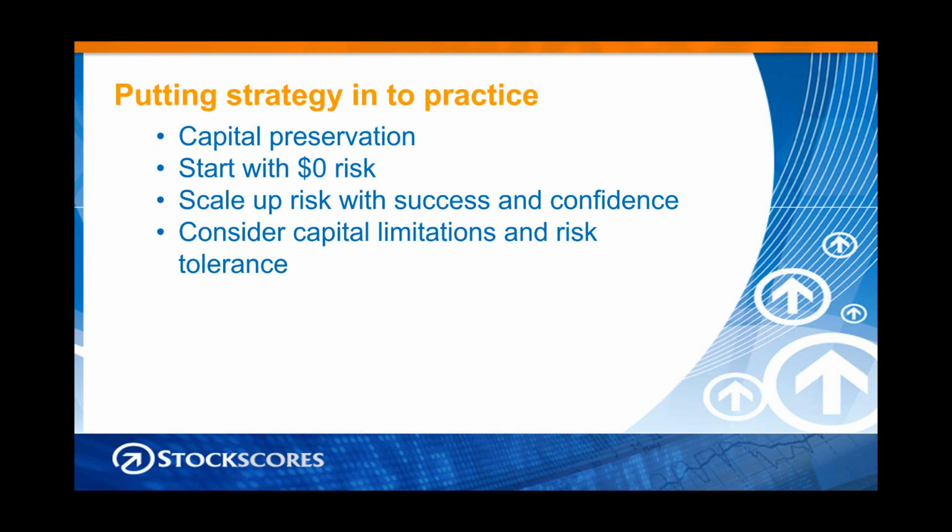Now then we're going to put the strategy into practice. This is where we're testing with real money. Our number one goal is capital preservation. We're going to start with $0 of risk, and we're going to scale up our risk with success and confidence in the rules. So I might start testing it on Tradescores in the simulator, and then over time I might go from $0 of risk in a simulator to trading it with real money, maybe risking $100 per trade.